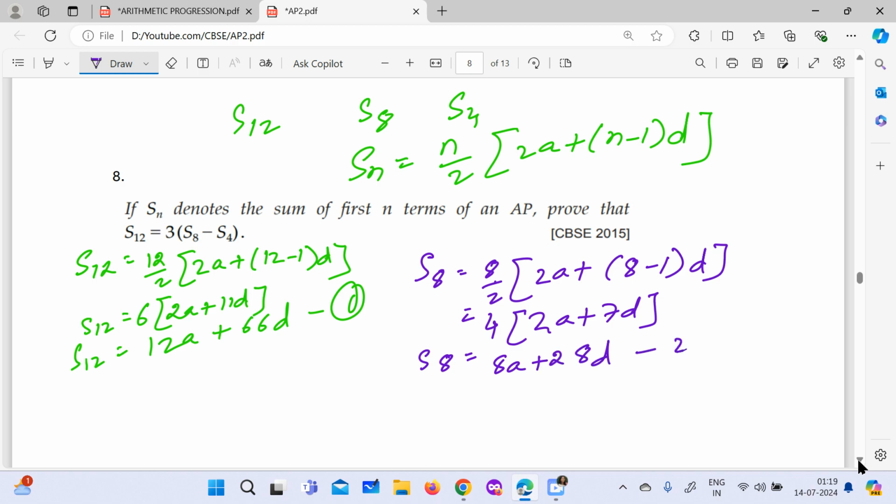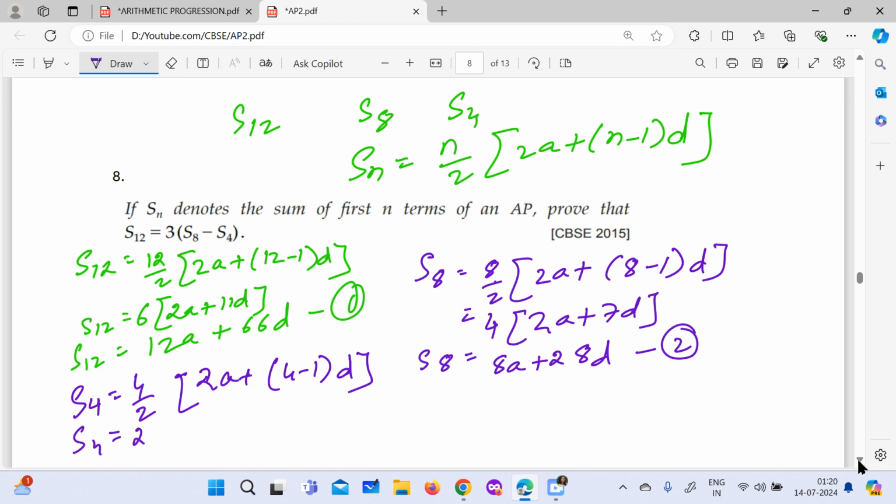This is another equation we got, and now we will work on S4. S4 will be 4 over 2, 2a plus (4 minus 1) times d. So S4 equals 2 times (2a plus 3d), which is nothing but 4a plus 6d. So this is your S4.